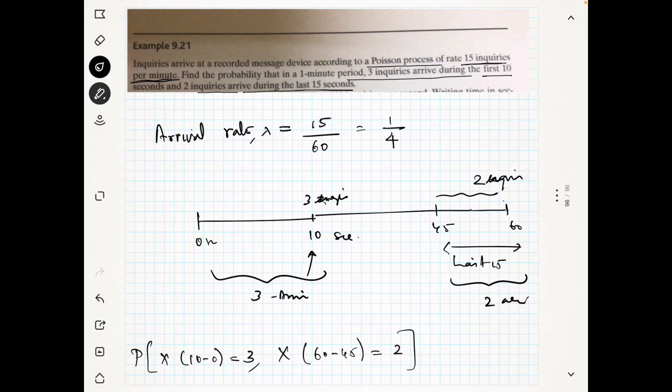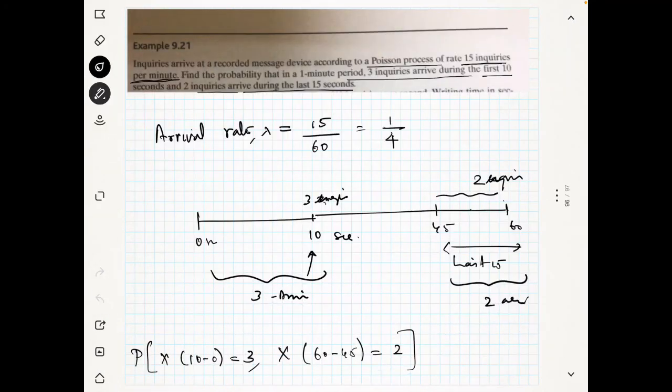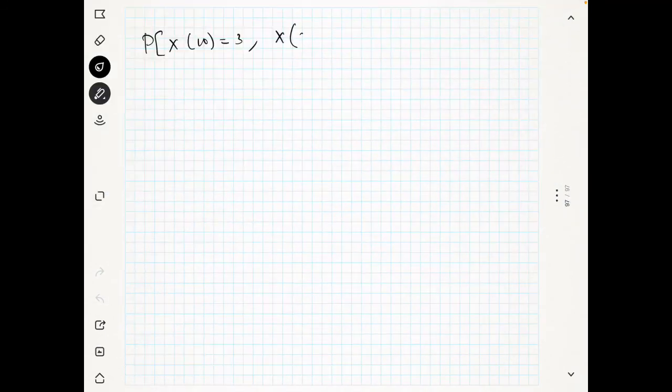This is my question. It is very simple. It is the probability that X of 10 minus 0 is equal to 3, and X of 60 minus 45, X of 15, is equal to 2.